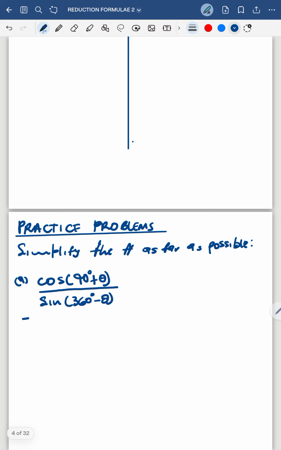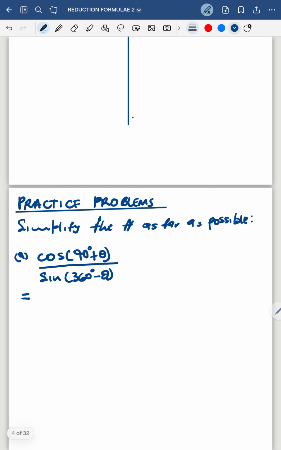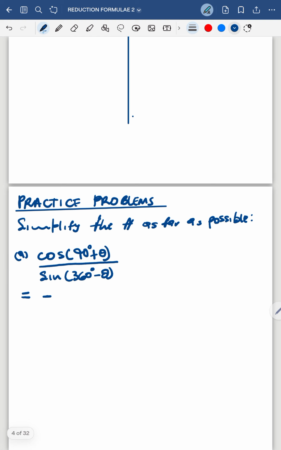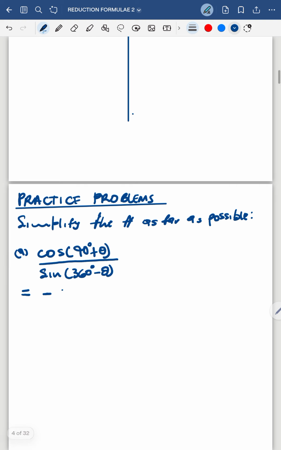So what will be the answer here? Because this and this can cancel, you need to make them the same. So you change this to be a cofunction. What is this quadrant? It's the second quadrant. How is cosine in the second quadrant? It is negative. Then what is the cofunction of cosine? It's sine. Then you write that angle there, which is theta.